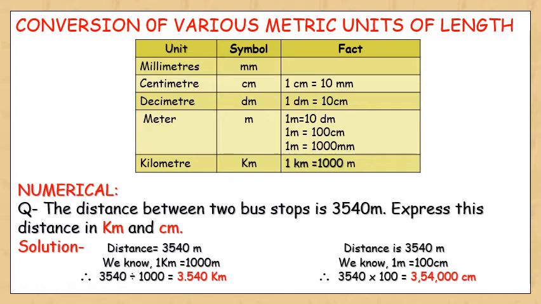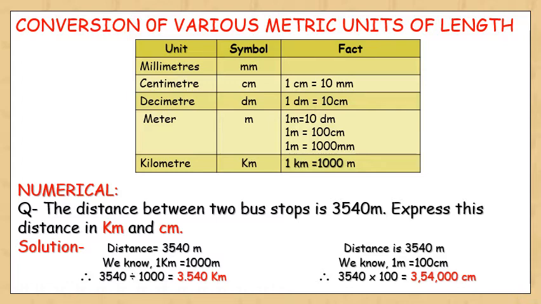Now we have to express this distance in kilometer and centimeter. Or you can say that from 3540 meters, we have to convert it into kilometer and then into centimeter. First we will convert it into kilometer and then we will convert it into centimeter.